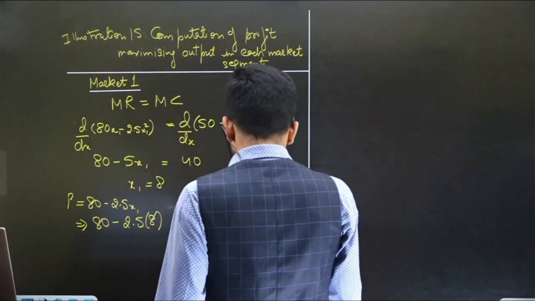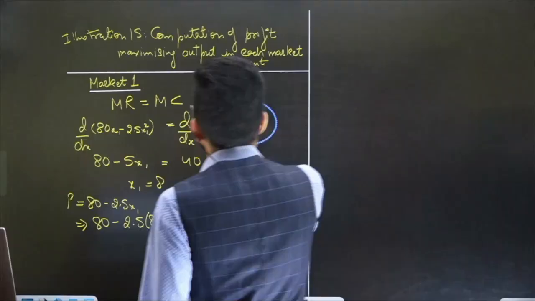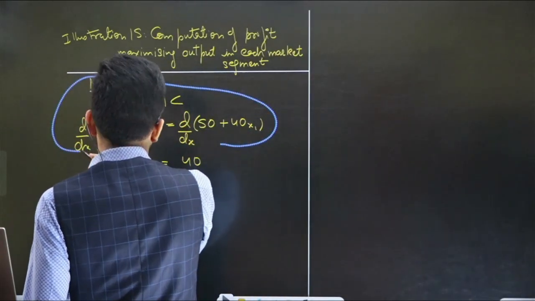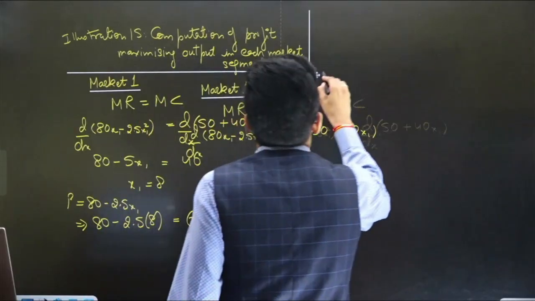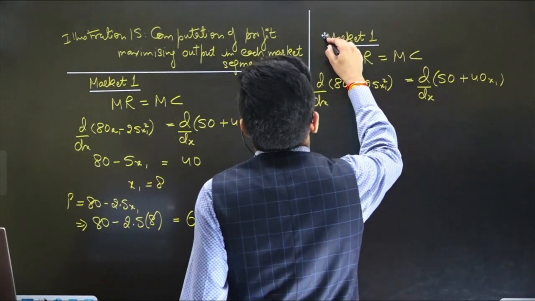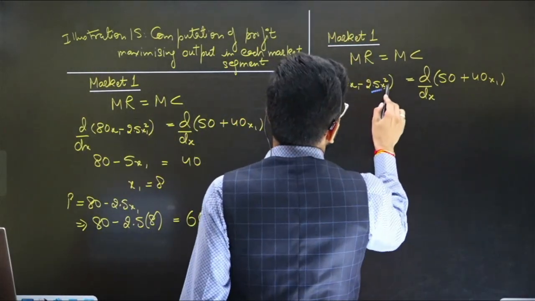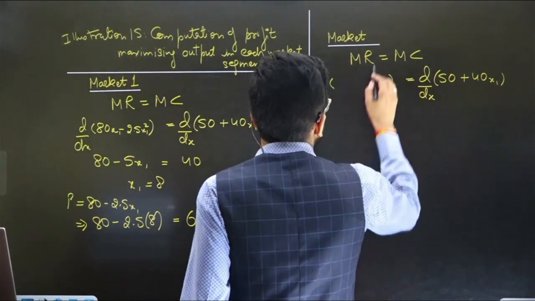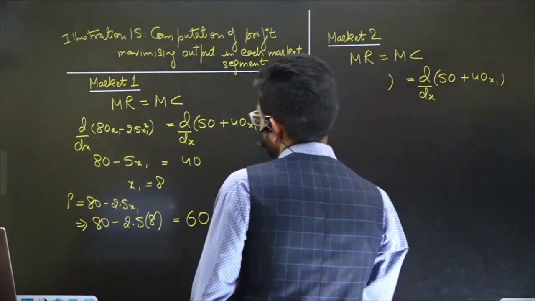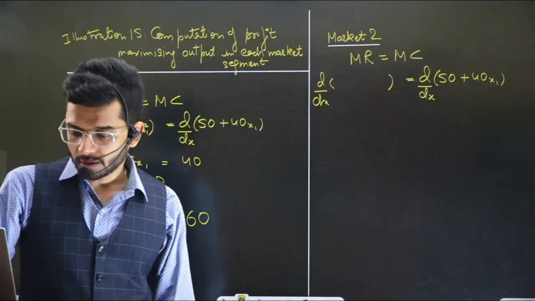Now let us compute for market 2 as well. I'm going to use this market 2 also. This will change. So in case of market 2, MR is equal to MC. What is the revenue function of market 2?